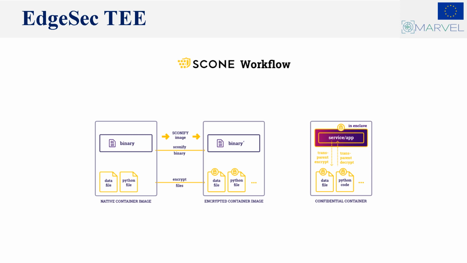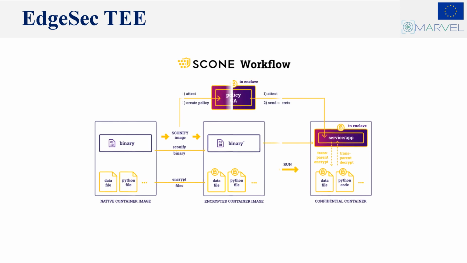Native image files are encrypted and their integrity protection is ensured. Access to them is provided only after attestation by the SCONE platform. A SCONE policy is generated, incorporating native image environment variables and the working directory.